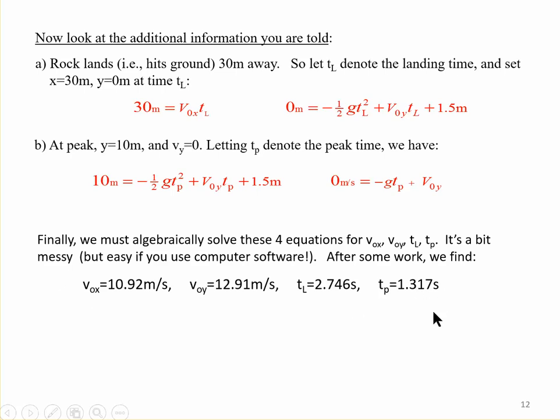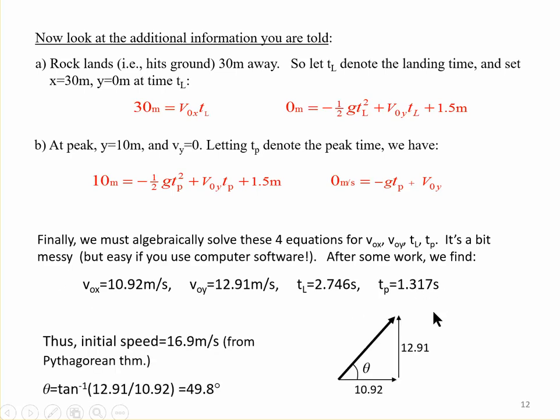Okay, now that we have that, let's think about what we're being asked to find. The ball was tossed upwards at some initial angle, and we wanted to know that angle. But we've just discovered that the horizontal component of the initial velocity was 10.92 meters per second, and the vertical component of the initial velocity was 12.91.